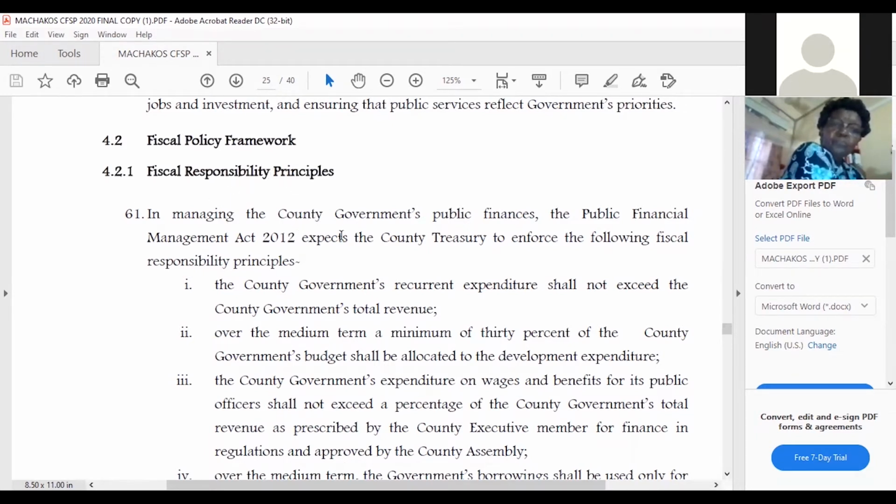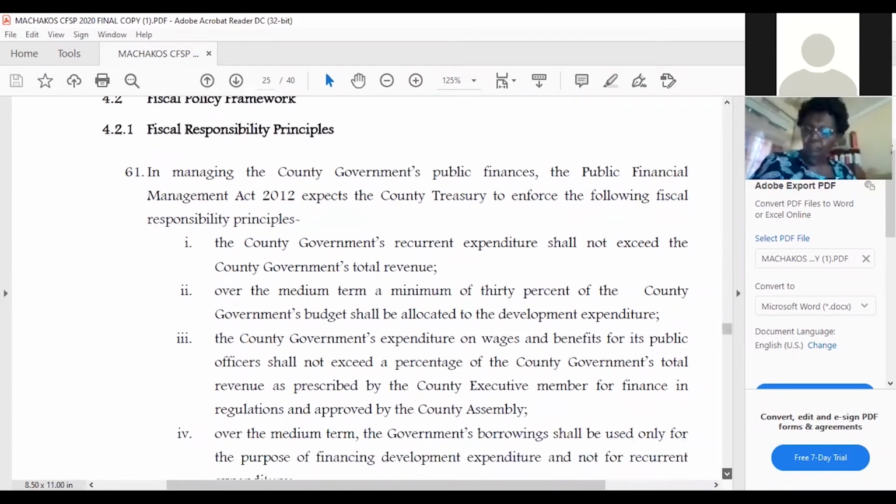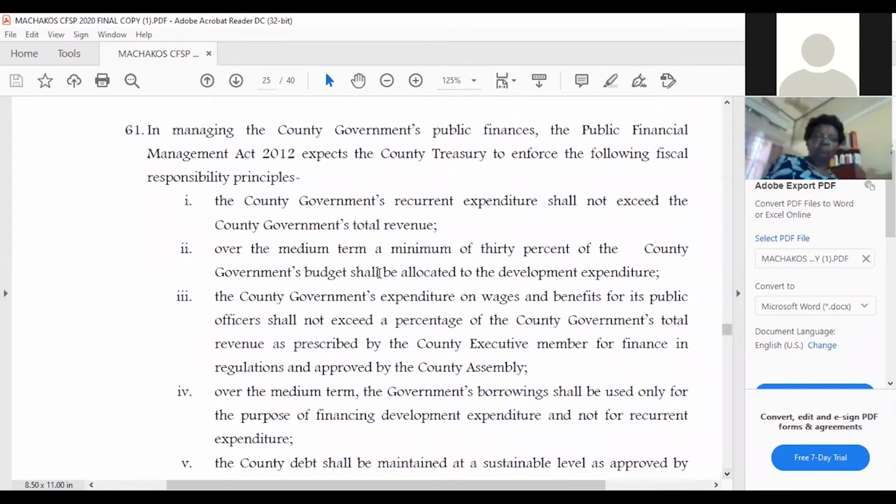So in managing the county government public finances, like Machakos, the Public Financial Management Act 2012 expects the county treasury to enforce the following fiscal responsibility principles. So number 1, the county government's recurrent expenditure shall not exceed the county government's total revenue. Have you understood that? Yes.